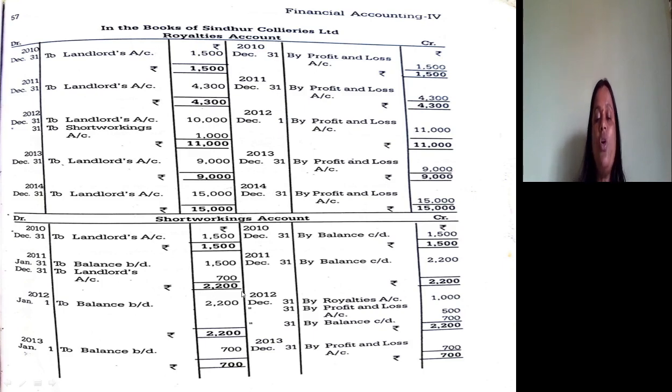But we need not close short working because for this 1500, 1 more year is there. So we can carry forward. Again for this 700, 2 more years are there, we can carry forward. So by balance carried down 2200. Next year when we reopen the account, to balance brought down 2200.